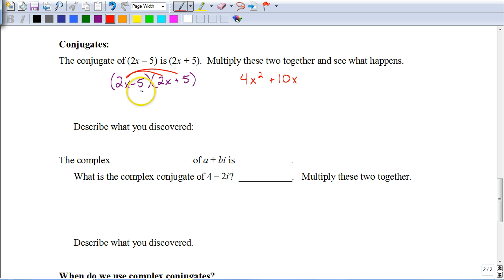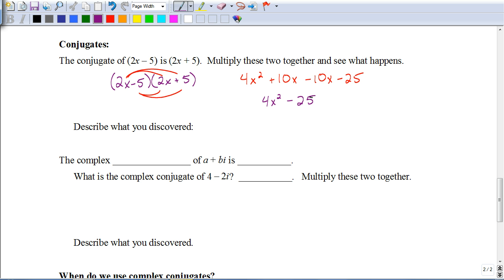Done with the 2x, now let's work with the negative 5 here. I take negative 5 times the 2x and negative 5 times the 5. Well, that gives me negative 10x, and negative 5 times 5 gives me negative 25. So when I simplify this, I'm left with 4x squared. The 10x minus 10x is 0, and I have 4x squared minus 25.